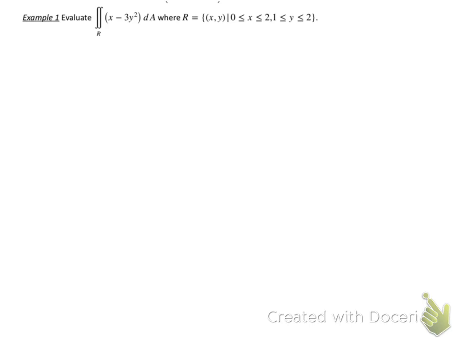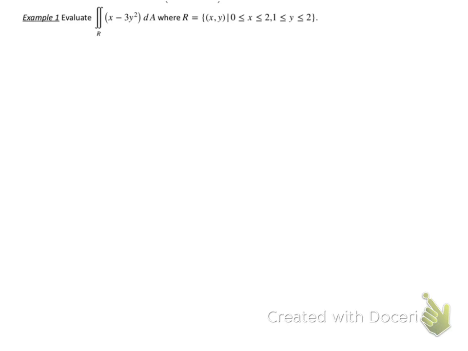Now let's see examples. First, we have this rectangle. x is from 0 to 2 and y goes from 1 to 2. And we are looking for the integral of x minus 3y squared.